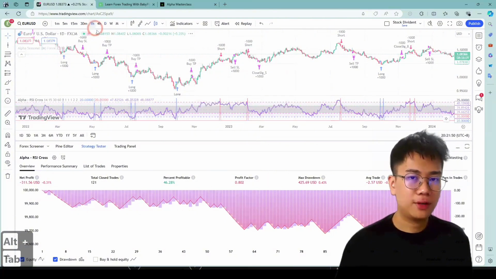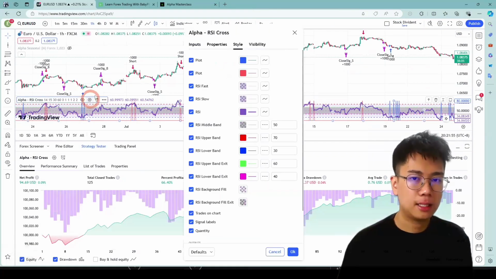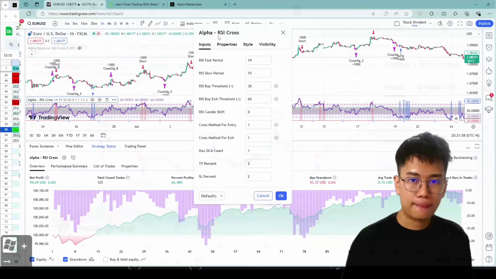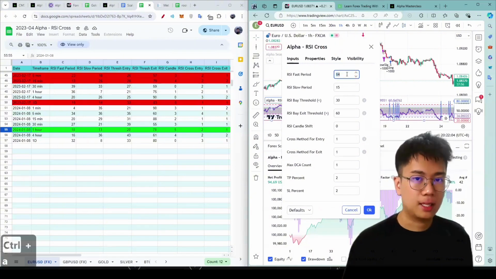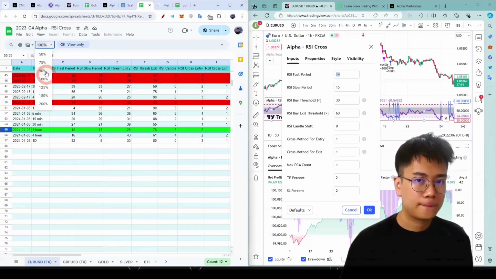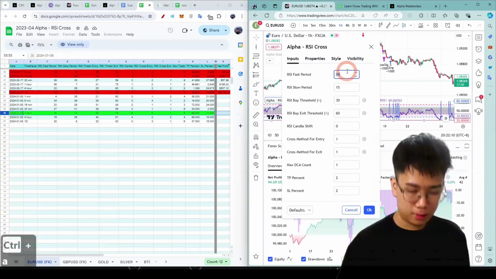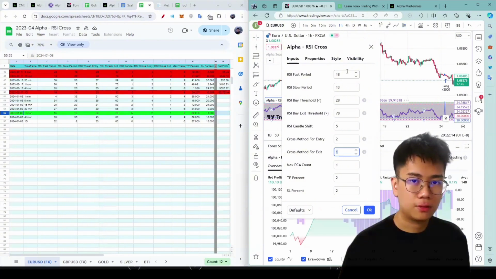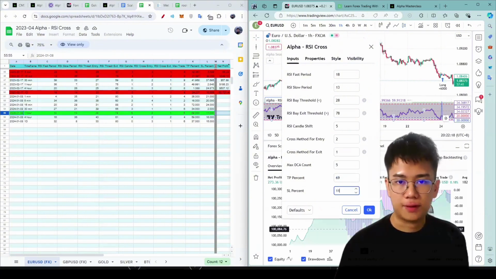So for 1 hour time frame RSI, go over here to settings, and in your input just key in all the numbers listed there: 18, 13, 28, 78, 5, 2, 1, 5, 69, 11, and perfect.